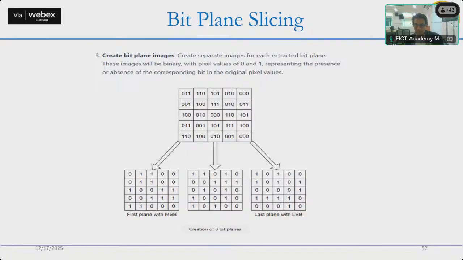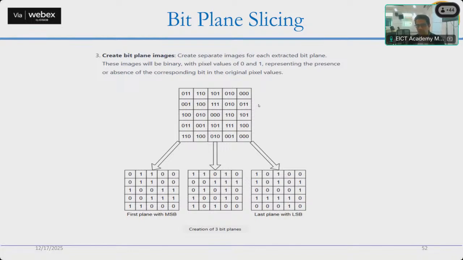Remember one thing, no more planes are possible, because we create a plane only by a single bit, and it depends upon the total number of bits in one pixel.